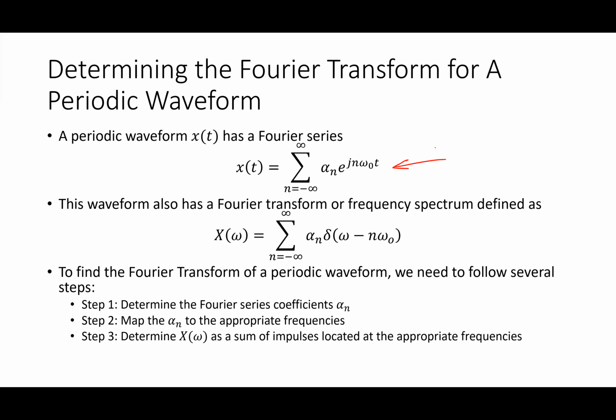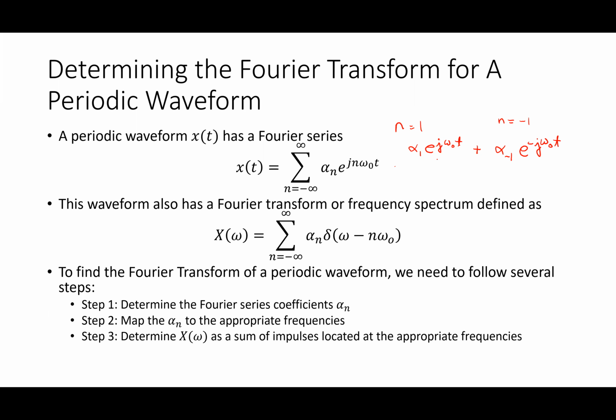Now, remember that because these complex exponentials run from negative infinity to positive infinity, it's always going to be the case that if I looked at, let's say, n equal to 1, I would have alpha 1 e to the j omega naught t, and there would also be an n equal minus 1 term, alpha minus 1 e to the negative j omega naught t.